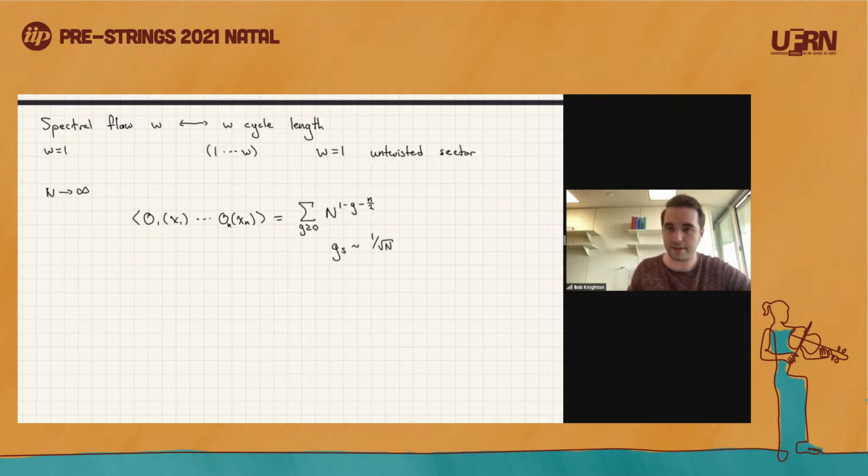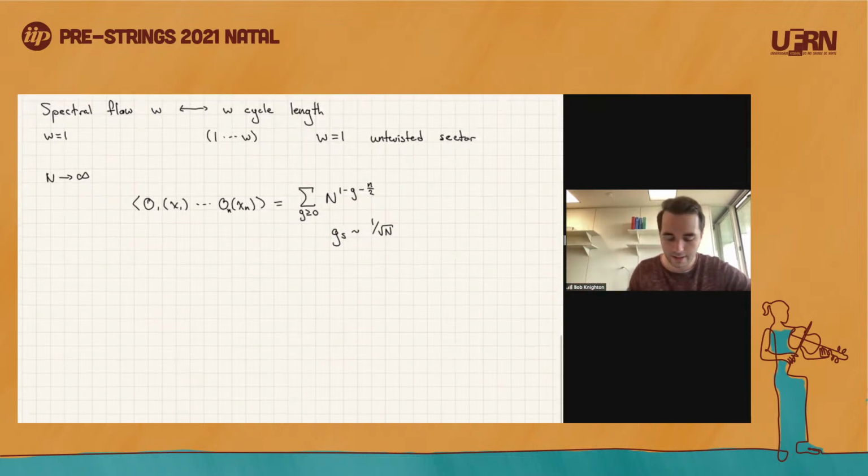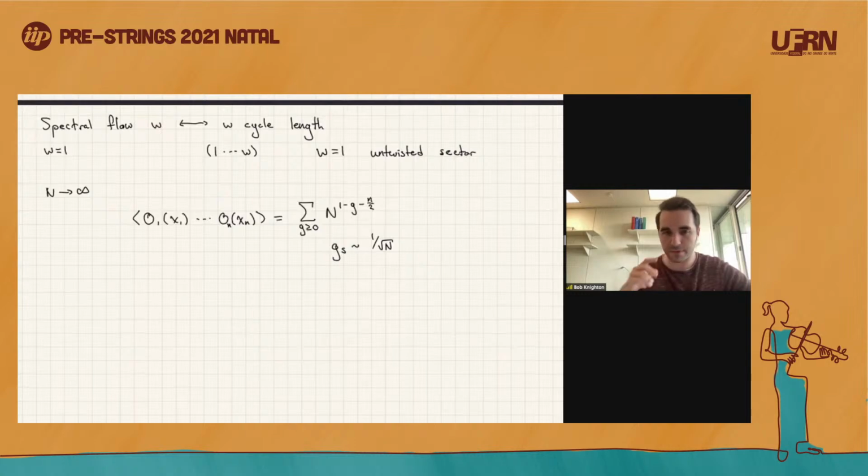Because if you do this, this corresponds to the standard string perturbation expansion, where you take g_string to the Euler characteristic or something. This is really the only way you can see N from the worldsheet theory. On the sphere, N doesn't appear anywhere.